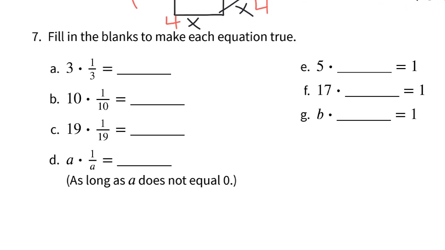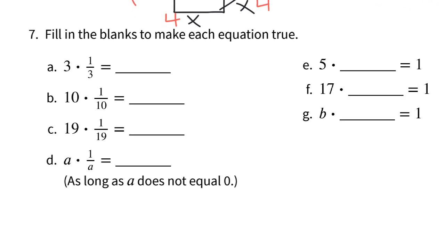And last one. Fill in the blanks to make each equation true. Let's see. 3 times a third, well, that's going to be 3/3, which is 1 whole. So 10 times a tenth, that's 10 tenths, which is 1 whole. 19 times a 19th is 1 whole.